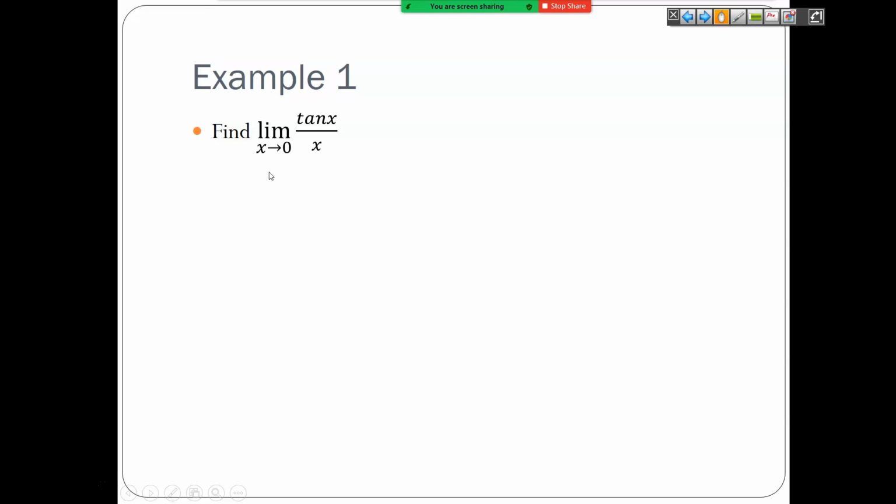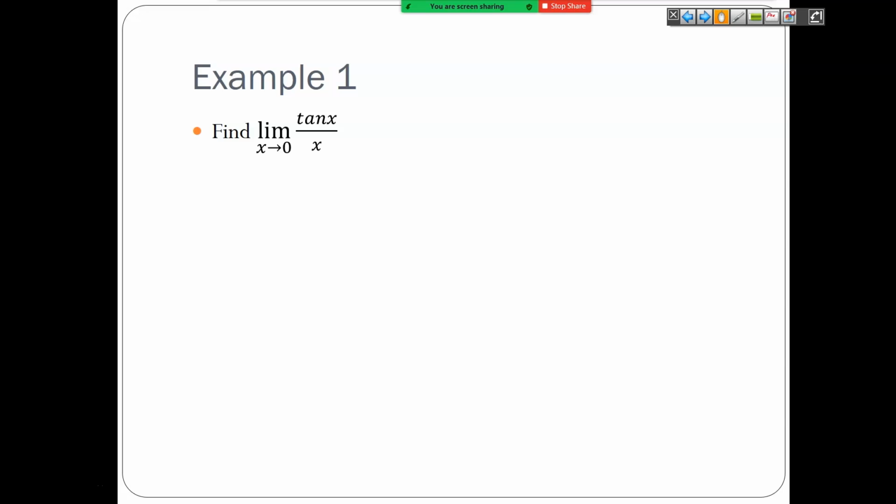So in example number 1, we have the tangent of x over x. If you have tan x over x, what you want to do is change that so that everything is in terms of sine or cosine.